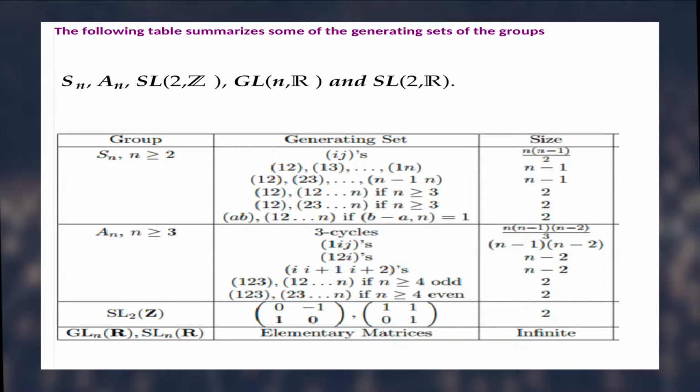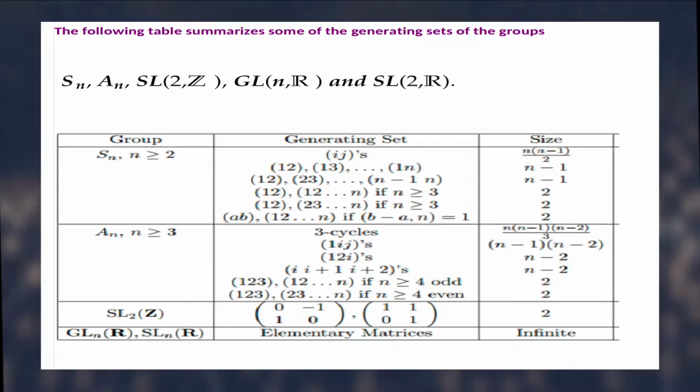If the group is S_n, n greater than or equal to 2, and the generating set is the transpositions (i j), then the size is n(n-1)/2. For (1 2), (1 3), and so on up to (1 n), the size is n minus 1. If the generating set is (1 2), (2 3), and so on up to (n-1 n), then the size is n minus 1.